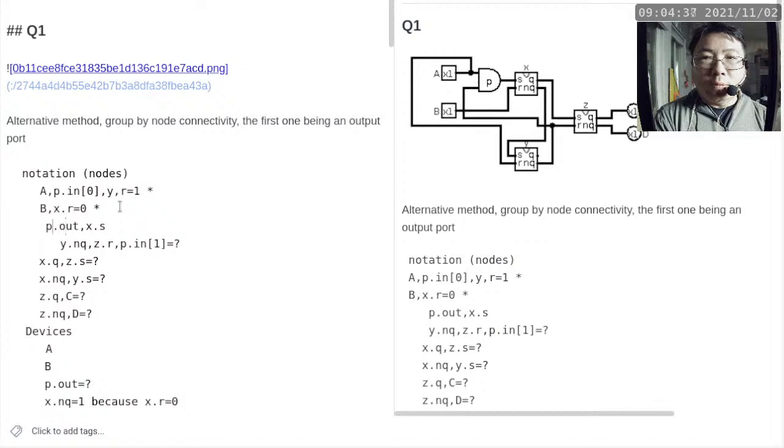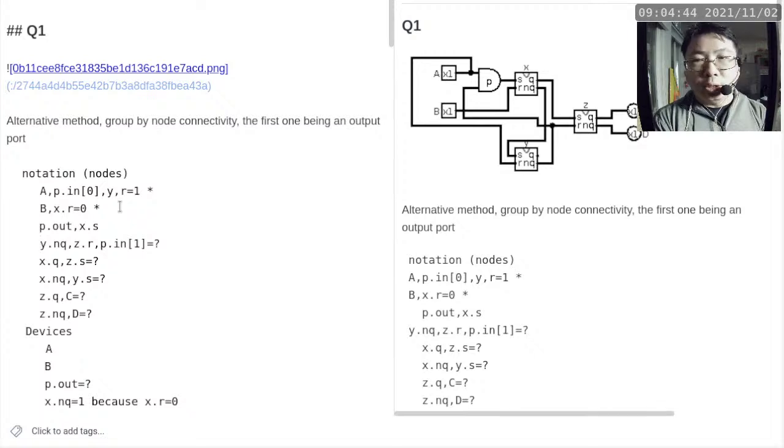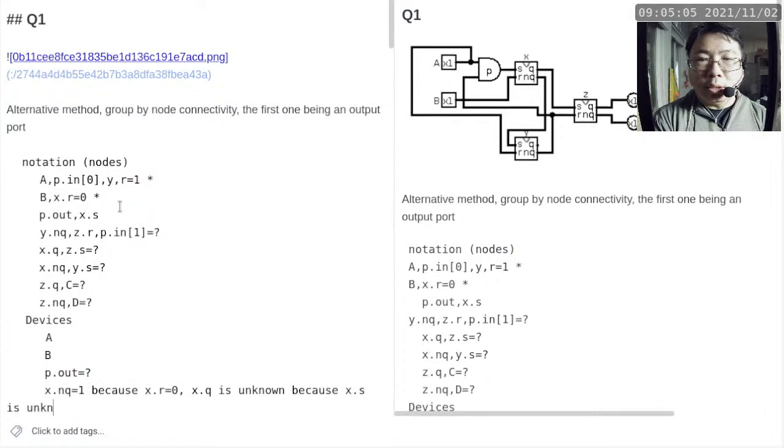So this is a way for you guys to answer questions like the first one in the practice test in a much more systematic way, because now it's easy to keep track of these things. So with the devices, we can say x.q is unknown, because x.s is unknown.